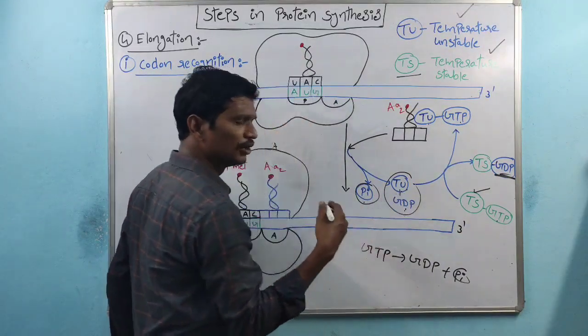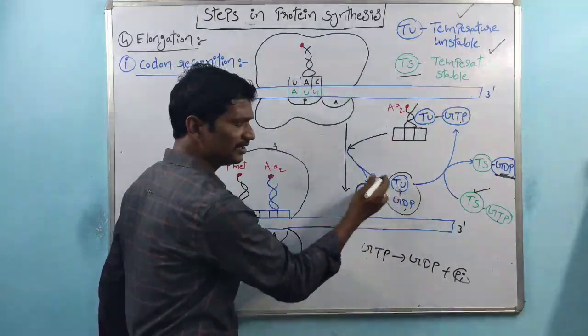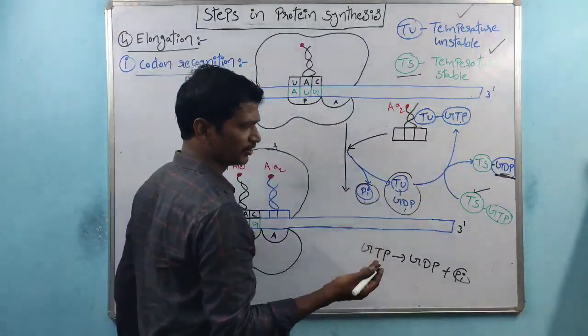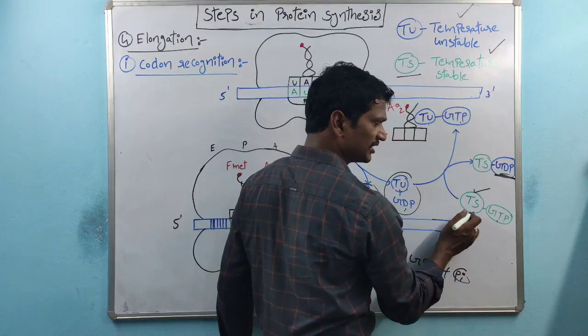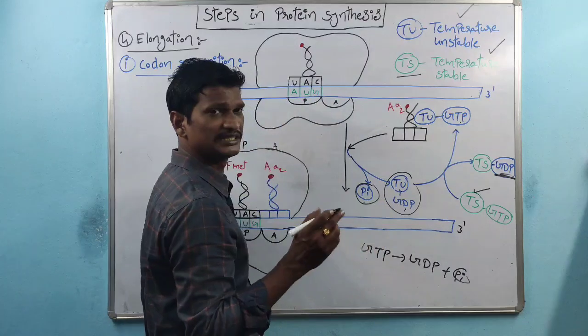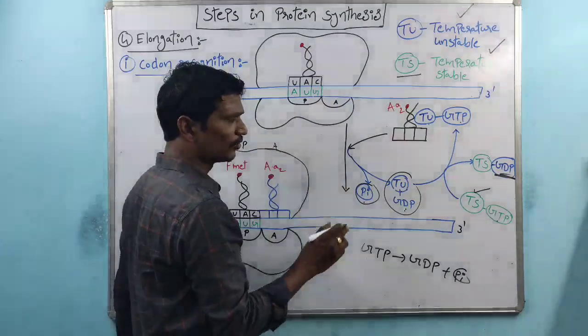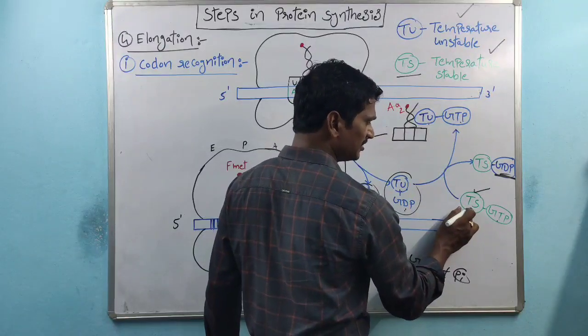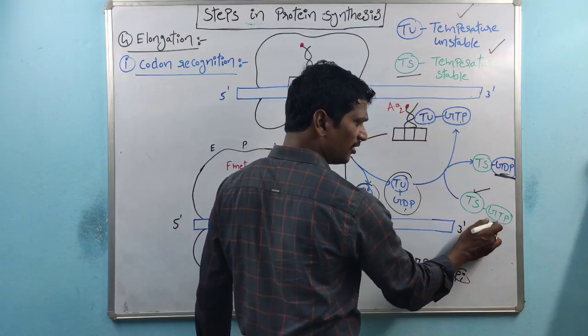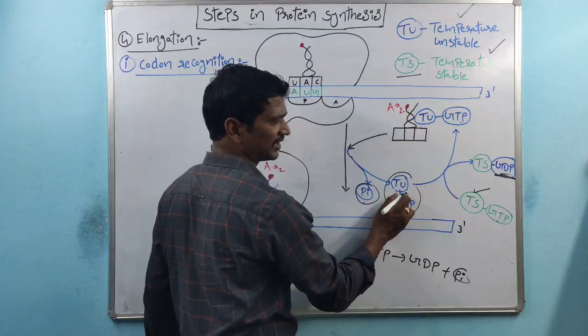Again the TU factor is loaded with the GDP molecule. The factor supporting here is TS; the GTP loading is supported by the TS factor. So the TS factor supports the loading of GTP to the TU factor.